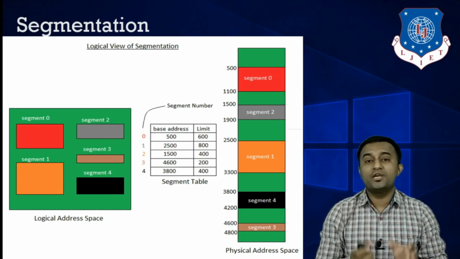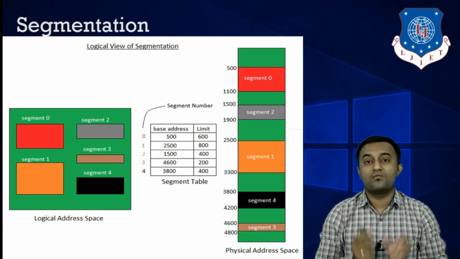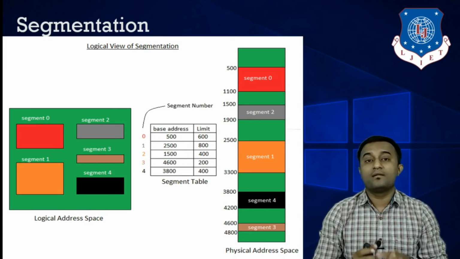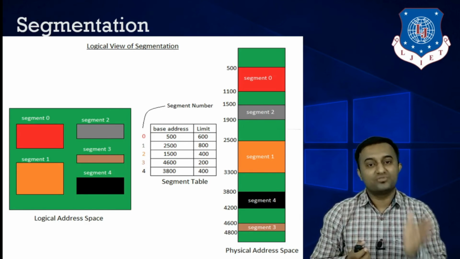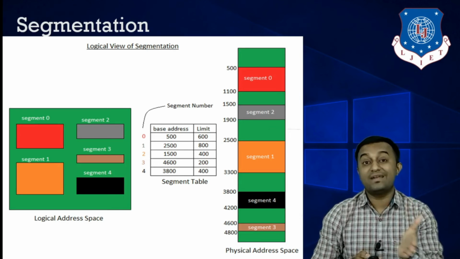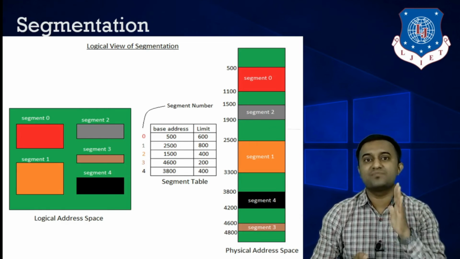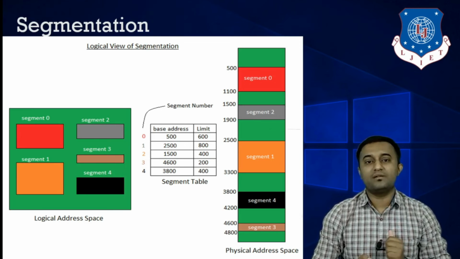So we need some mechanism to convert that logical address into a physical address, so that the CPU can contact main memory directly. That address translation mechanism we are going to discuss in the next slide.